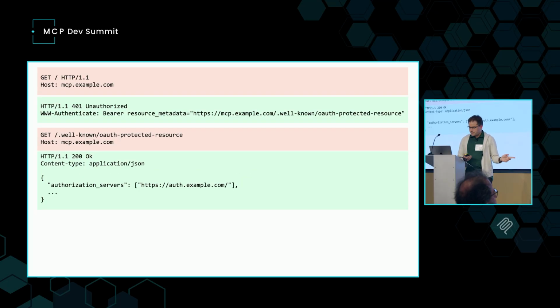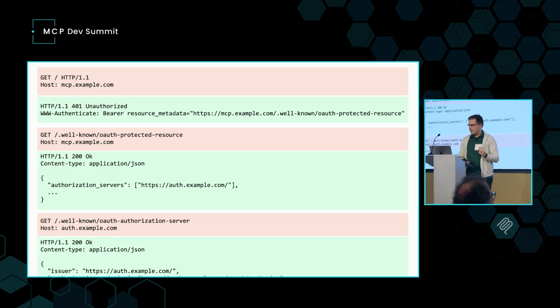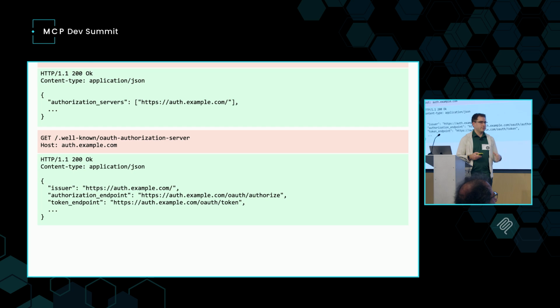So then the client can start the MCP connection, get this error, find the URL, go fetch that metadata, find the OAuth server, and go fetch the OAuth server metadata to find out more information about it, and then it has what it needs to be able to actually start the OAuth flow.